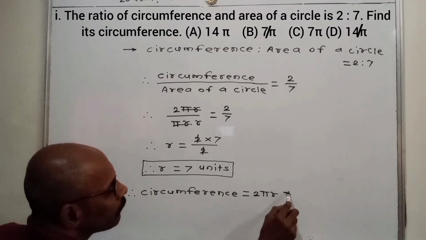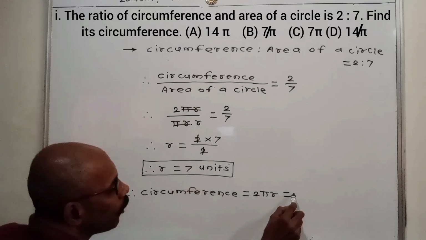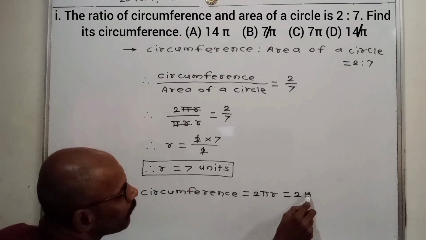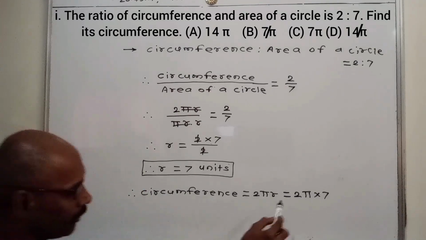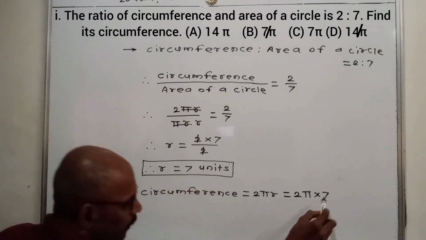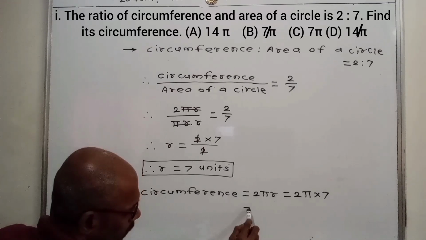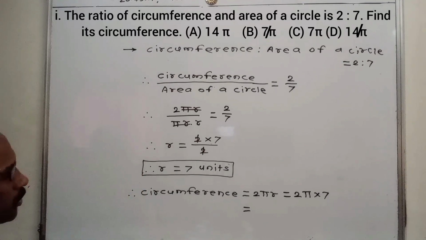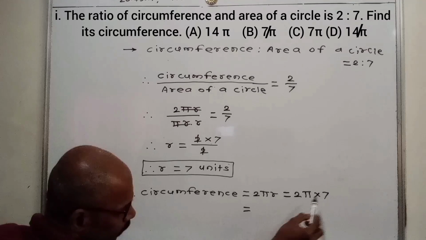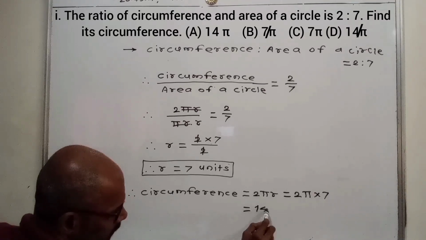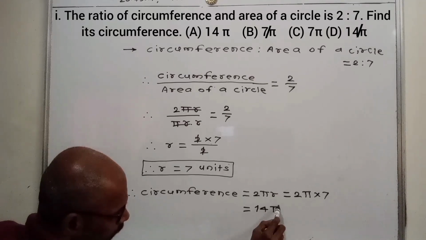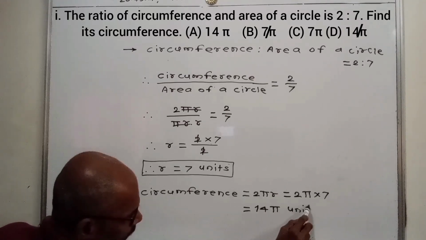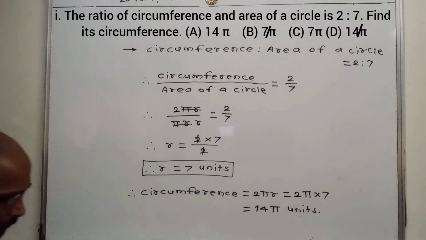Therefore, we put value of radius. r is equal to 7 units. Therefore, circumference of given circle is equal to 2 into 7, 14 and pi units. This is your answer.